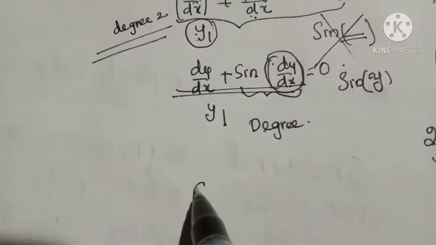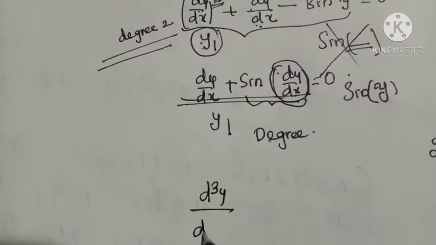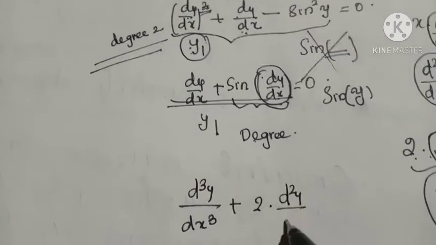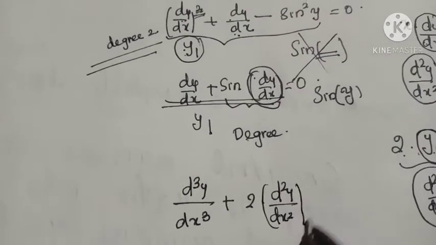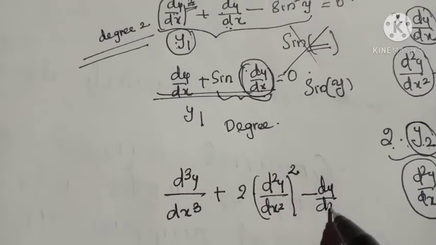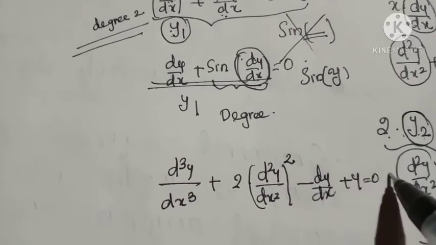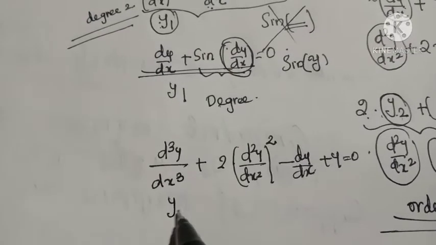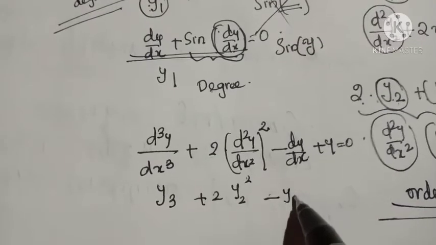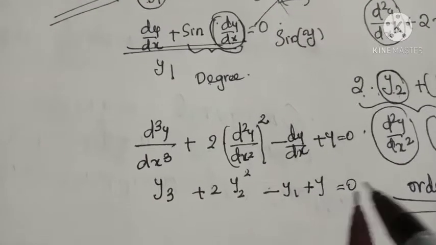Now see d cube y by dx cube plus 2 into d square y by dx square whole square minus dy by dx plus y equal to 0. So this is y3, this is y2 square, y1 plus y equal to 0.